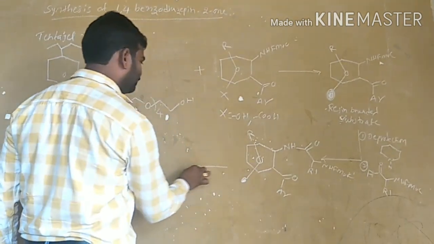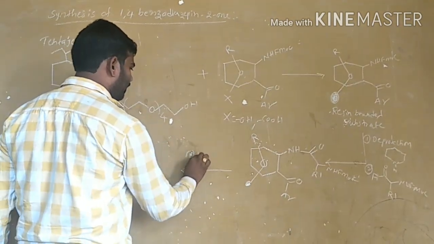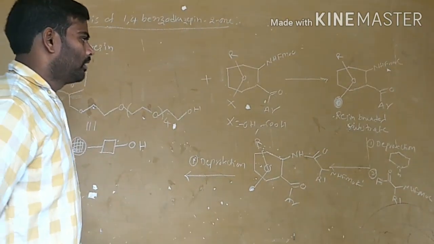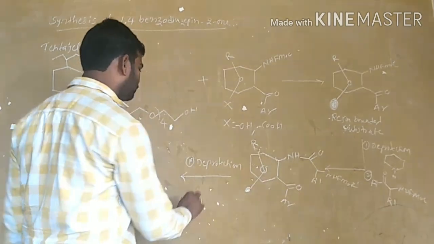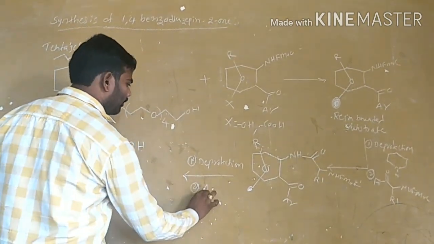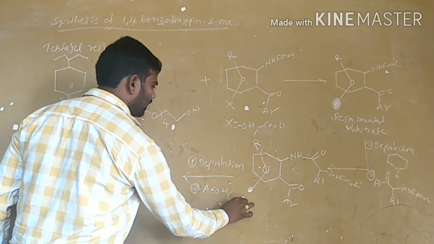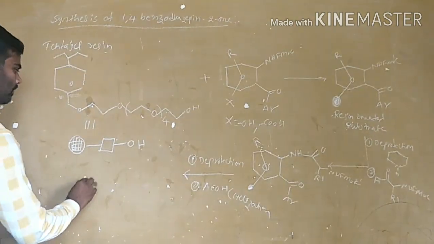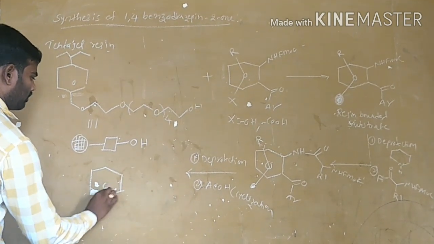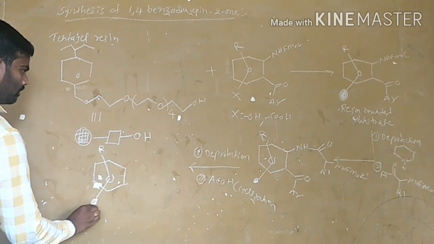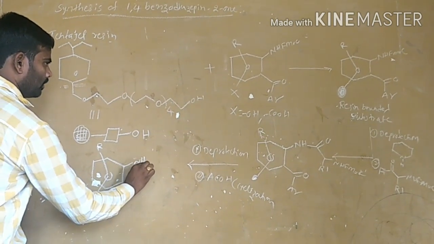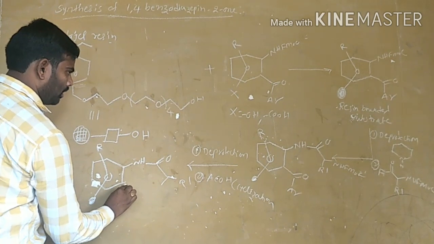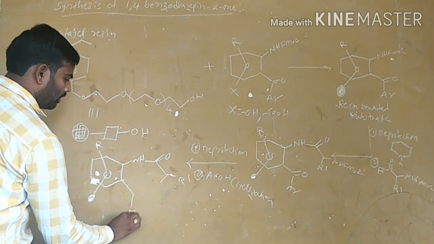The next, the second step, again deprotection, and here the presence of acetic acid is for the cyclization. NHCO, this is R1, here this is Ar.